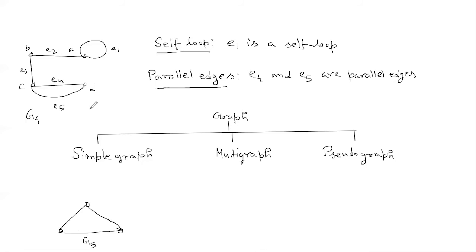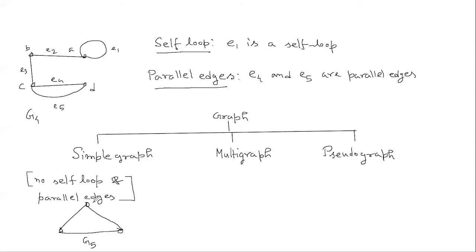But G4 is not a simple graph because there are parallel edges and a self-loop present in the graph.